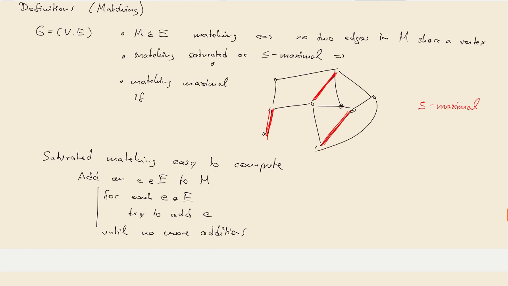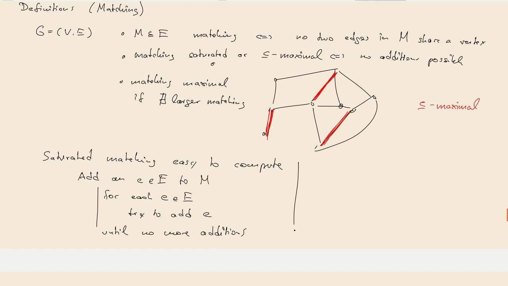So this was no additions possible, whereas maximal is just in the ordinary sense maximal cardinality, if there is no larger matching that contains more edges.